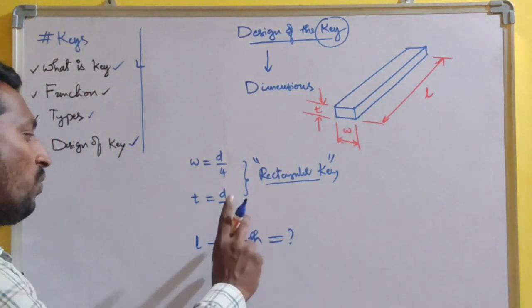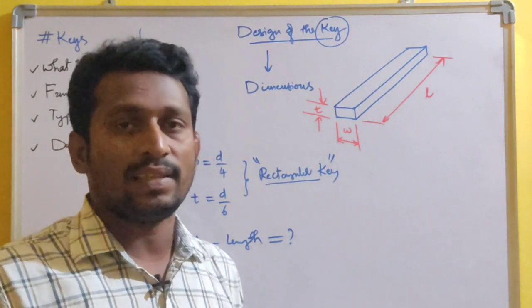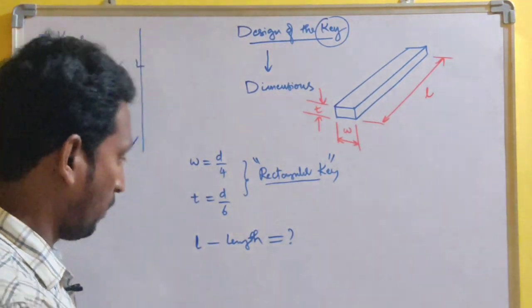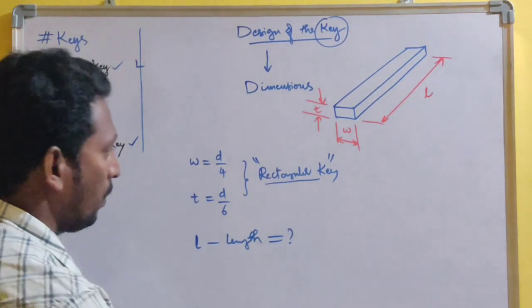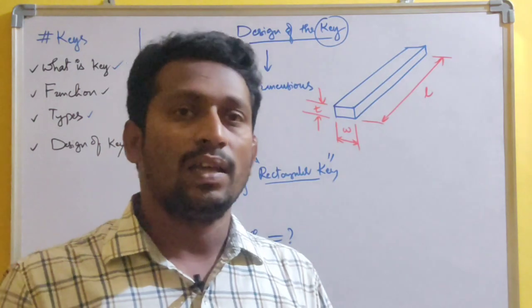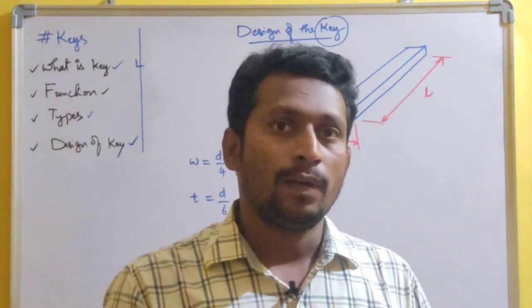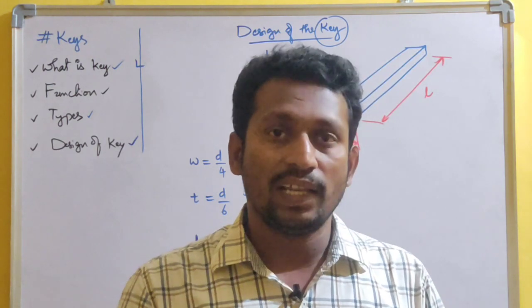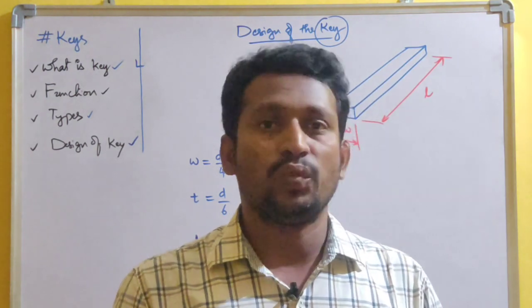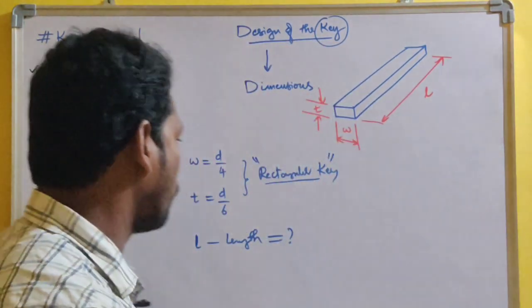In order to find the length of the key, we have to take some design criteria. We will see how the key may fail in different ways and estimate the relations. Based upon those relations, we can find the length of the key.